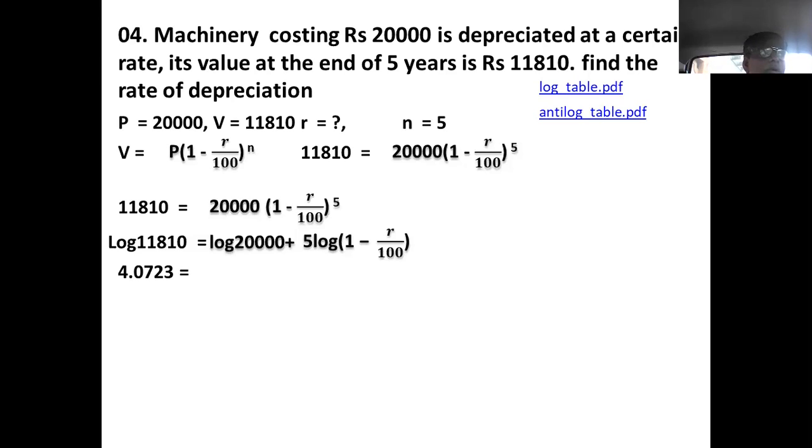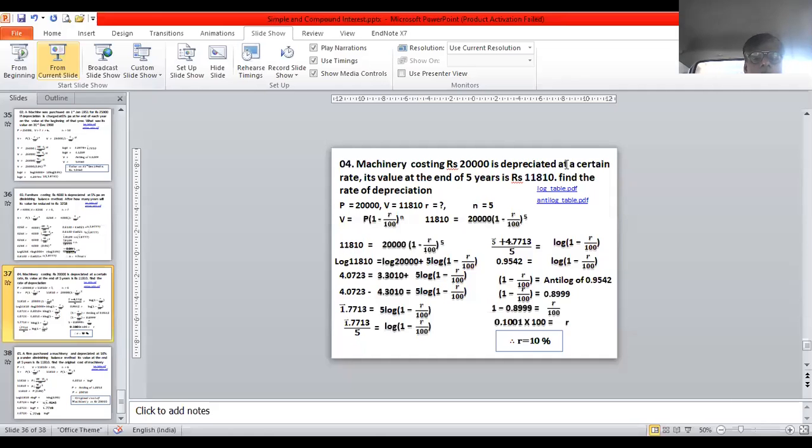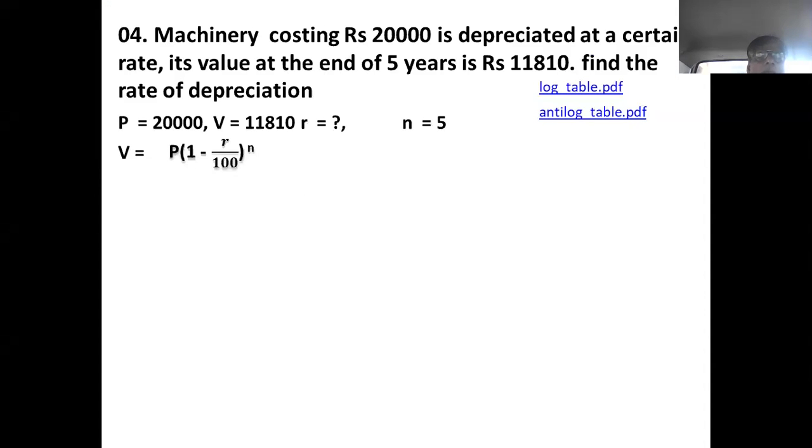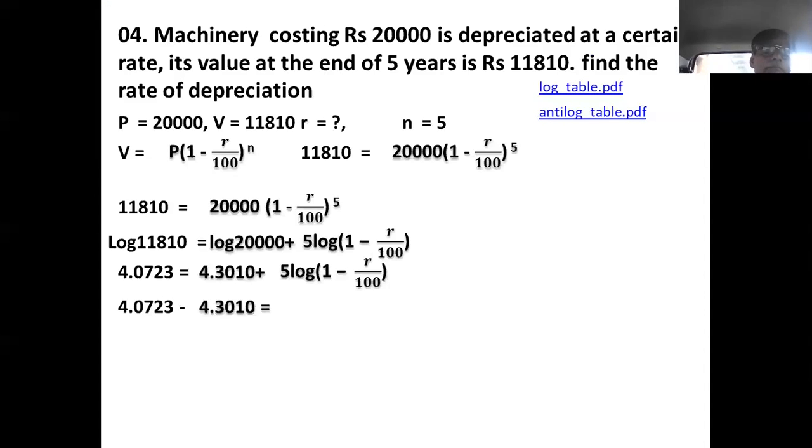20,000 is a 5-digit number. Therefore, its characteristic is 4. And you see in the 20 0 column in the logarithm table. So its value is, wait, it is not 3. 4.3010.